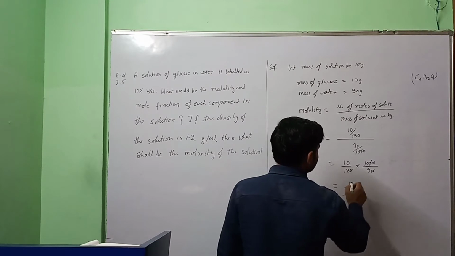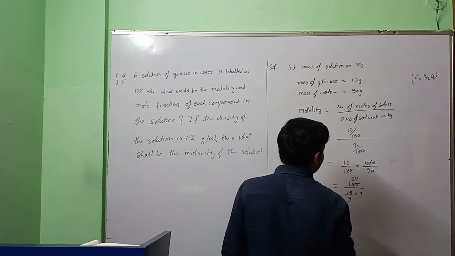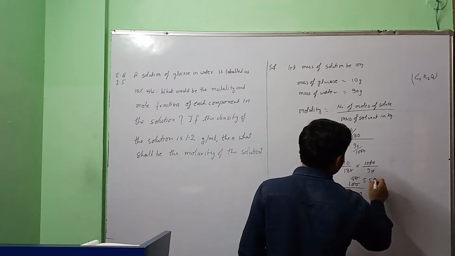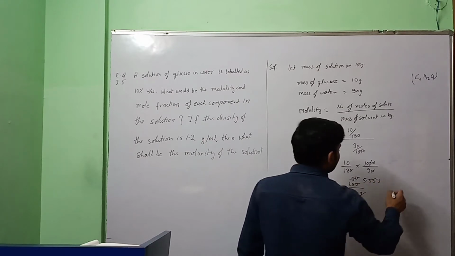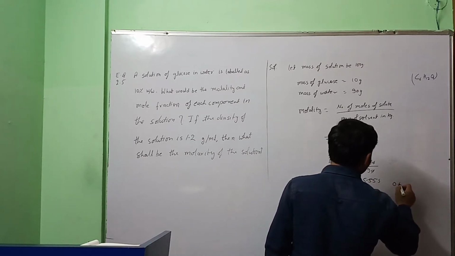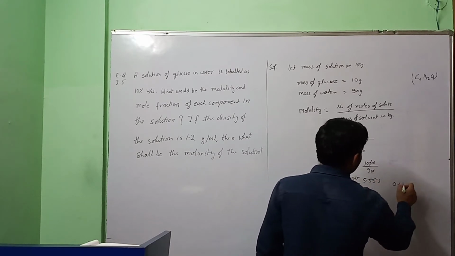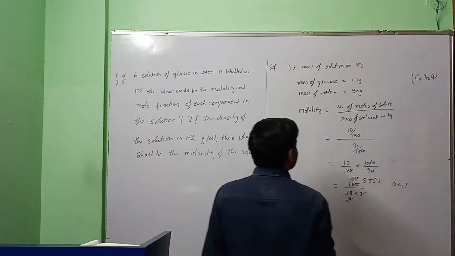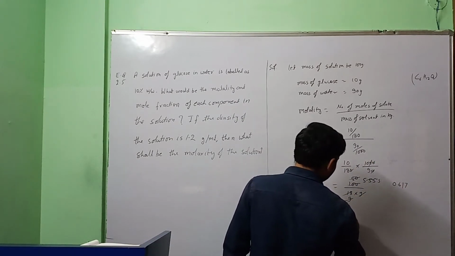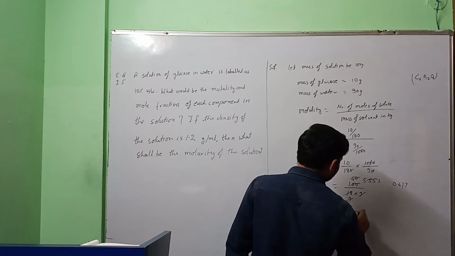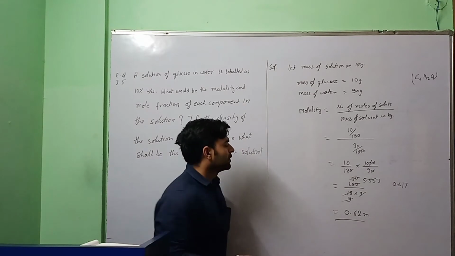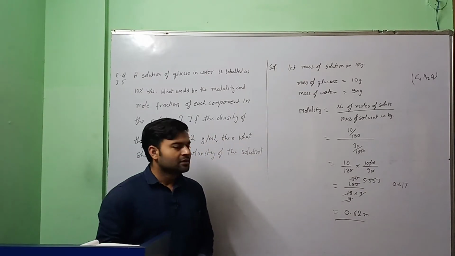Now cancelling this, 9 5s are 45, so 5.55 like this, then 0.617. So the molality of the solution we will get as 0.62 m. So this is the molality.